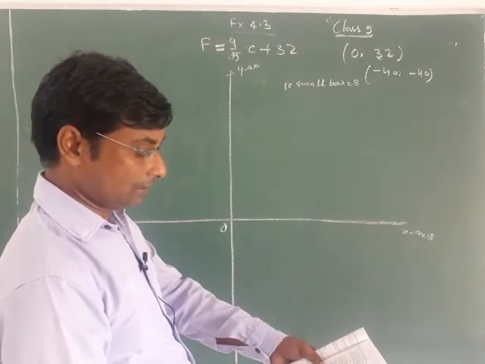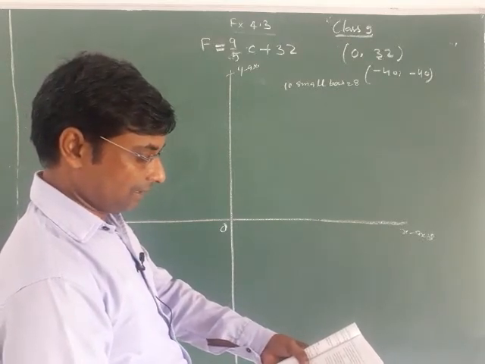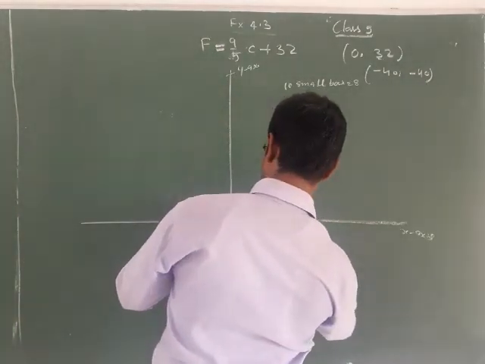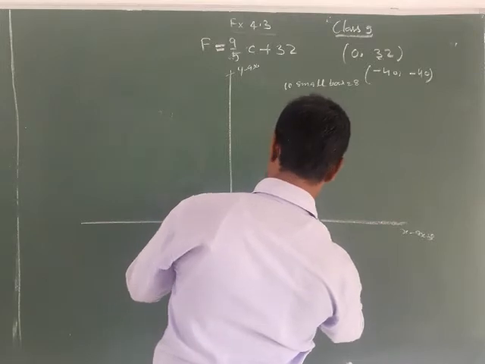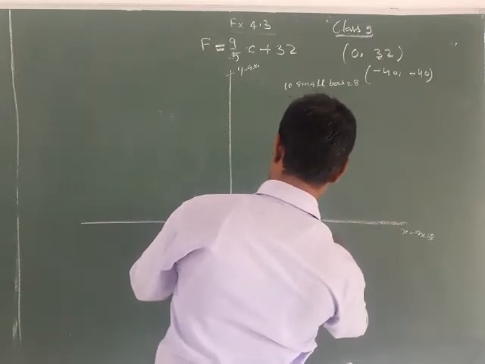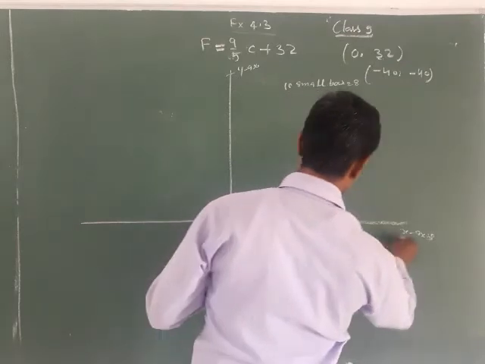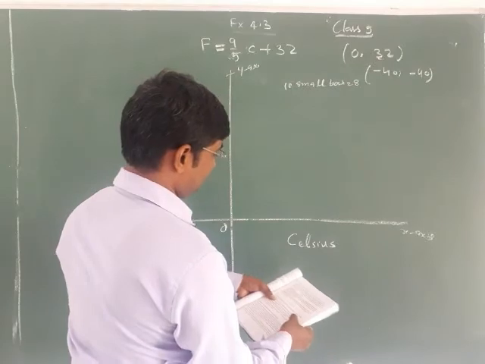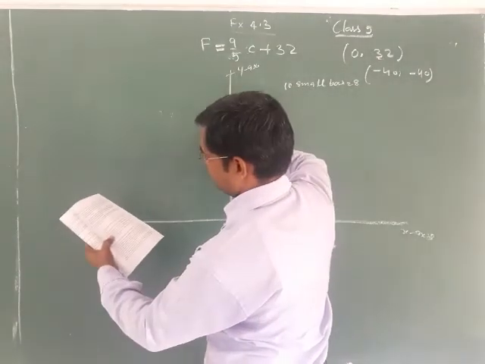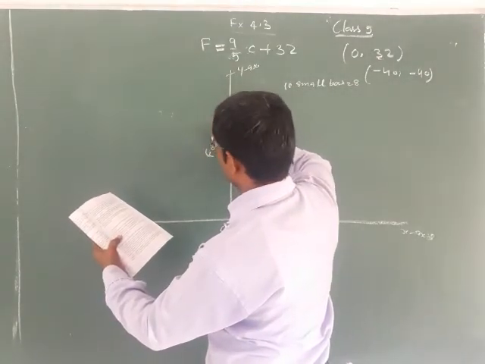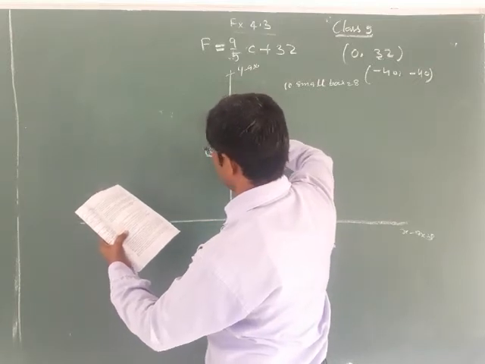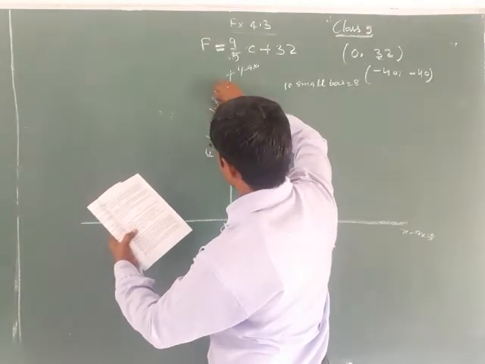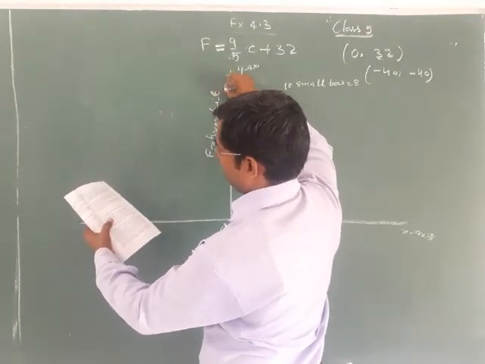Now in the question, the x-axis represents Celsius, and this is Fahrenheit.